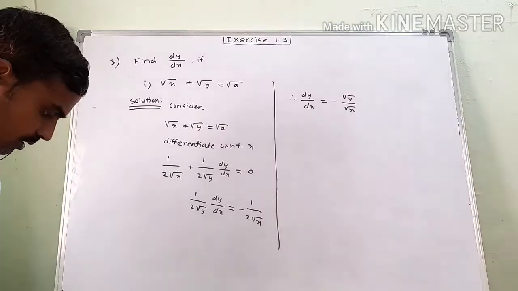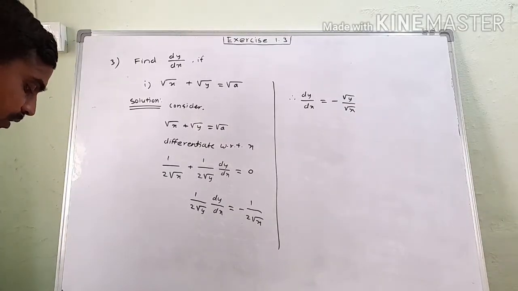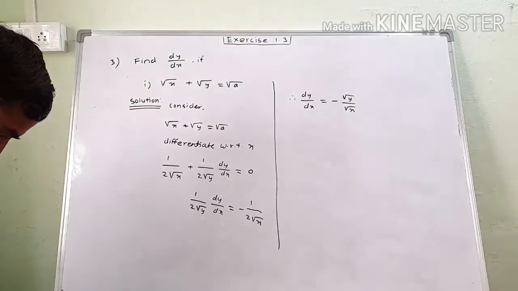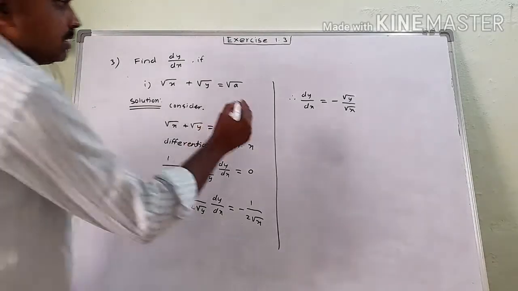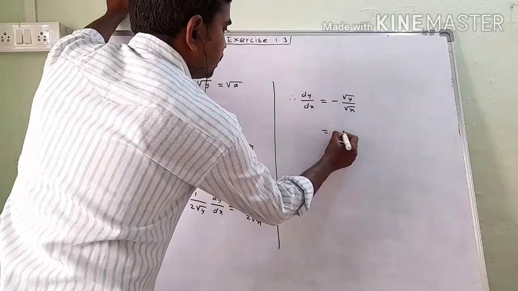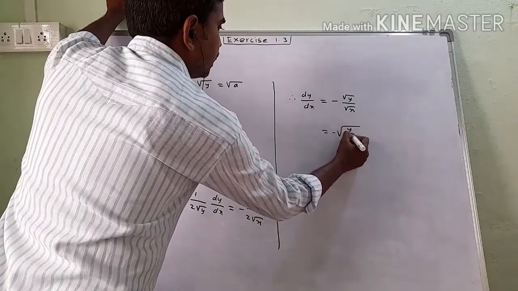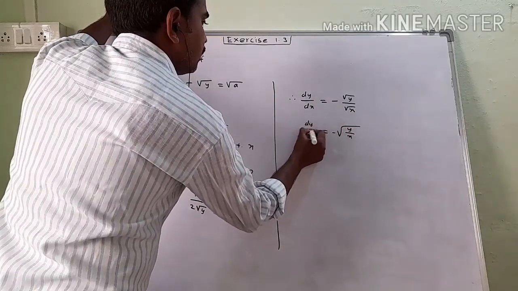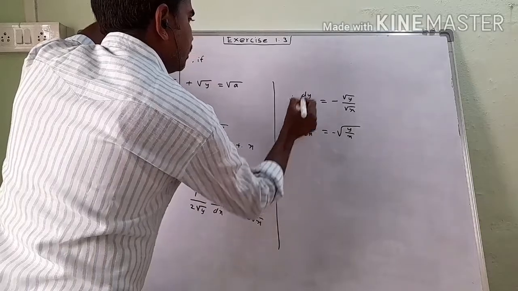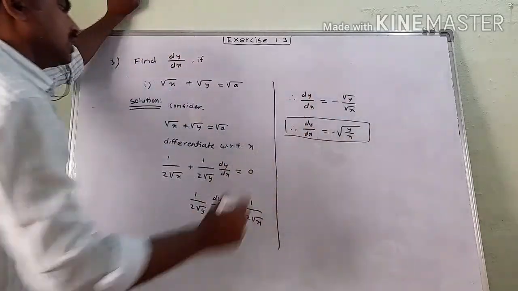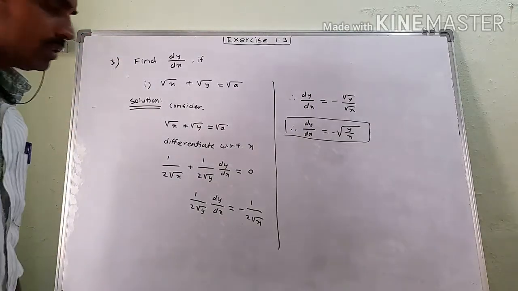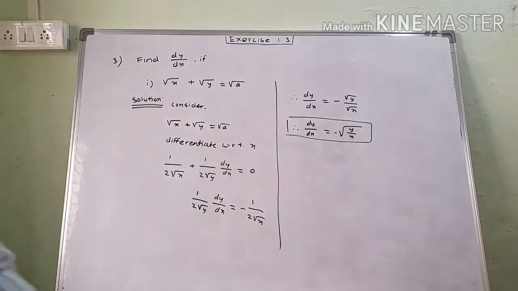This will be the required derivative of y with respect to x, and in this expression we can also write this under one root sign, or like this. These two answers are acceptable. And this is the solution of the first example.